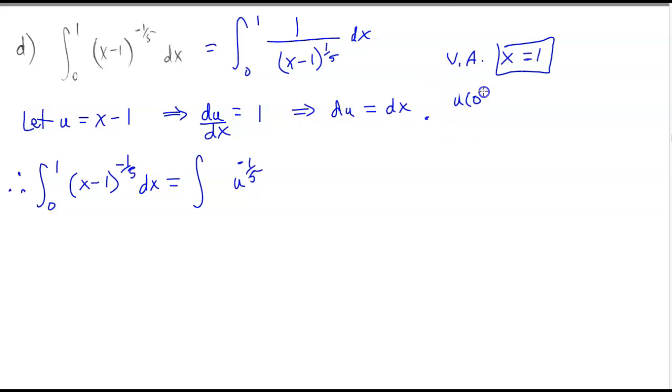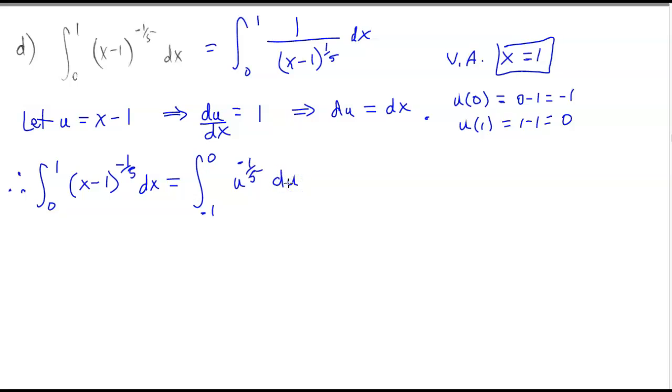So let's say if I do u of 0, and of course 0 is an x value, so 0 minus 1 is just going to be negative 1, and u of 1 is just going to be 0. So this now will be negative 1 to 0. And remember, du is equal to dx, so that would just be du.